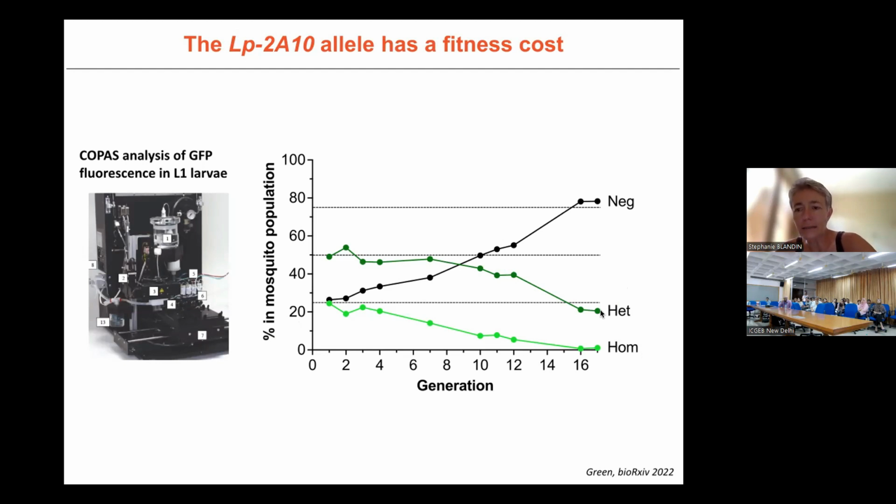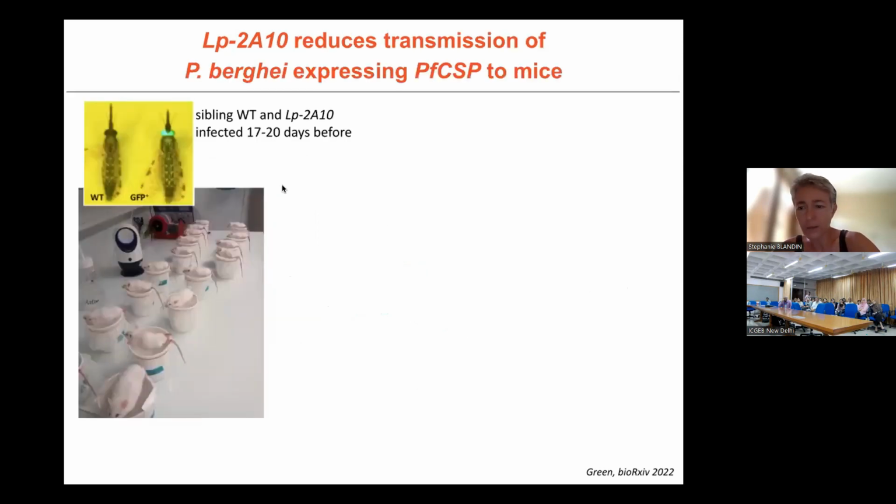So the next step was to see whether these homozygous mosquitoes, expressing this antibody, would be less good at transmitting malaria. This is shown here. Again, the same strategy as what I've shown you for Saglin before. We infect wild type and lipophorin 2A10 mosquitoes with parasites.